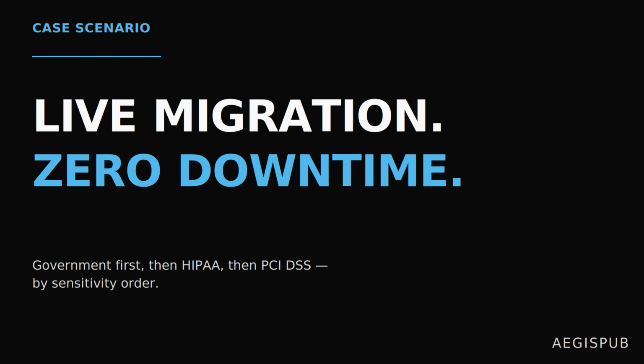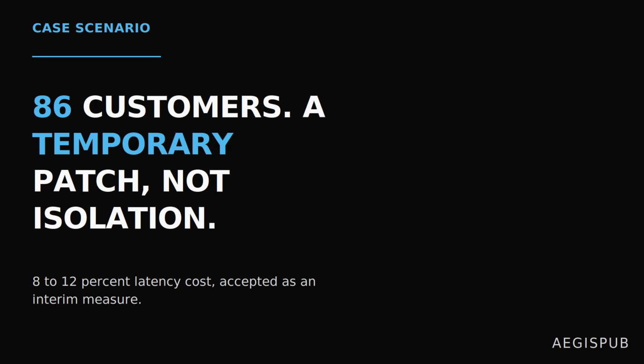The remaining 86 customers are on mixed tenant hosts with varying co-tenants. For these customers, you implement microarchitectural mitigations, the operating system update that flushes branch predictor state on context switches between VMs from different customers, a mitigation that substantially reduces the exploitability of the vulnerability at the cost of a measurable performance penalty in your environment.